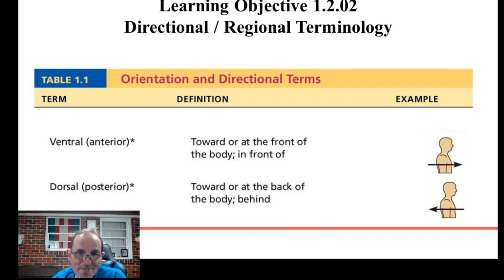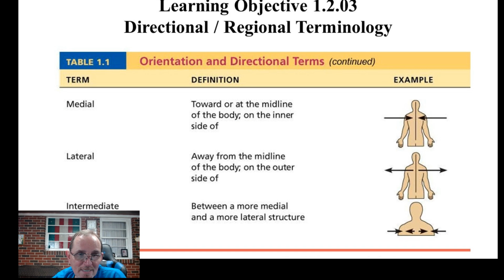Now, ventral is also a word they use, and when we get into the nervous system, you'll see ventral and dorsal. For the most part, we use anterior and posterior. So I could say that the heart is anterior to the spine, because the heart sits in front of the spine, which is toward the back. So that's kind of an example of how we use that.